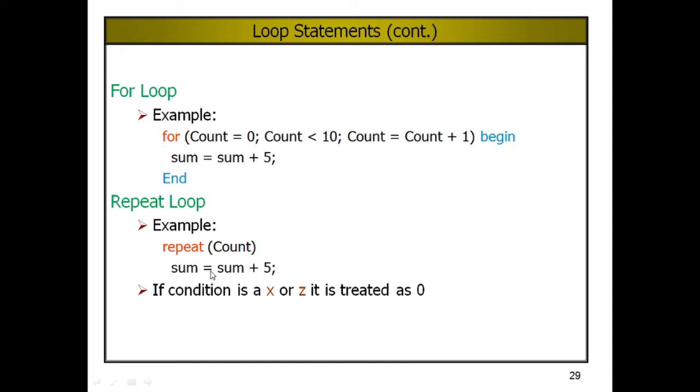For example, if I have count equal to 120, or 5, or 20, that means this statement sum equal to sum plus 5 will be executed 20 times, as I have taken count equal to 20 here. So this is about the repeat loop.